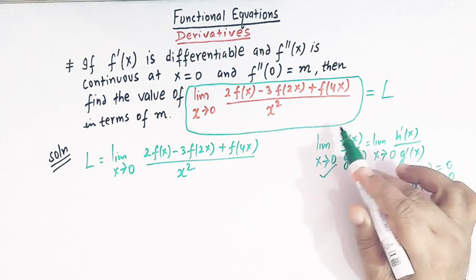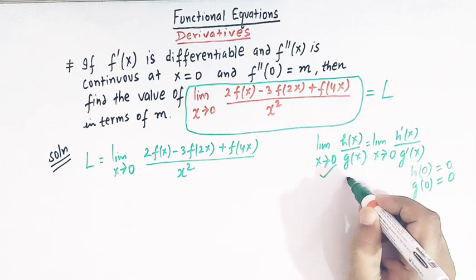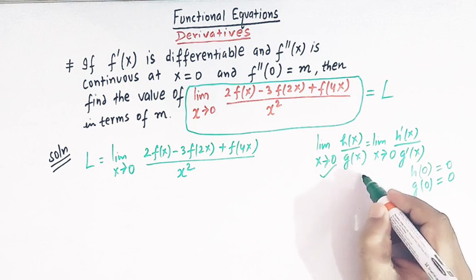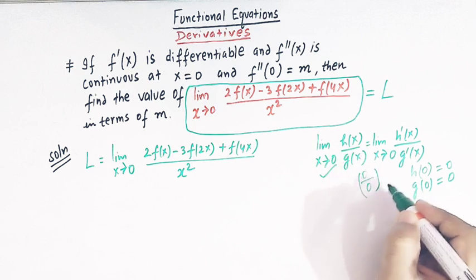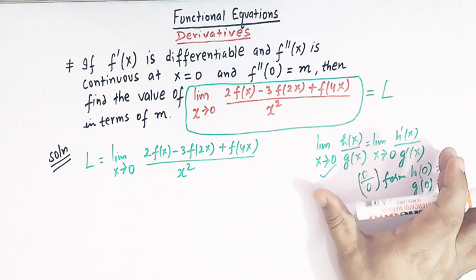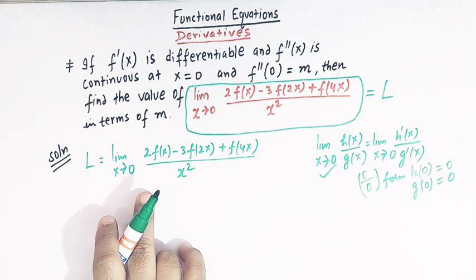So for applying L'Hopital's rule, we must have the 0 by 0 form.